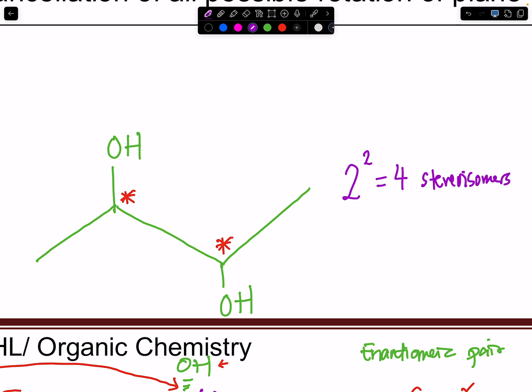In theory, this is the max number that you can form. Why is it max number? Because we haven't taken into consideration that there could be an internal plane of symmetry. And when there's an internal plane of symmetry, instead of 4 stereoisomers, it becomes 3 stereoisomers. Because 2 of the molecules will look identical to each other.